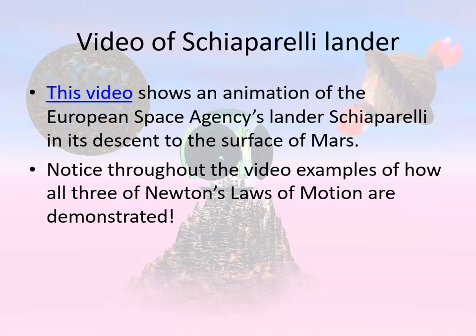I'll try to remember to post a link of this video showing an animation of the European Space Agency's, ESA's, Schiaparelli lander in its descent to the surface of Mars. And in that you will notice examples of how all three of Newton's laws are demonstrated.